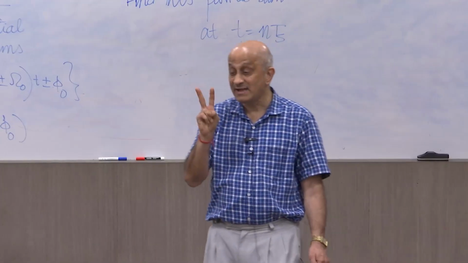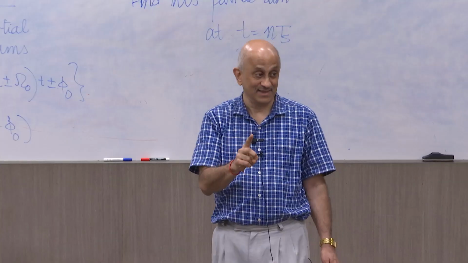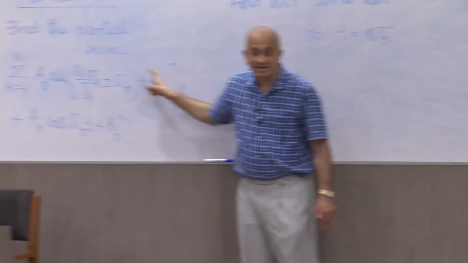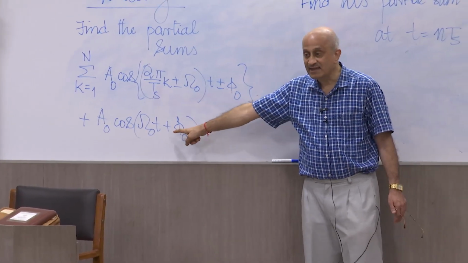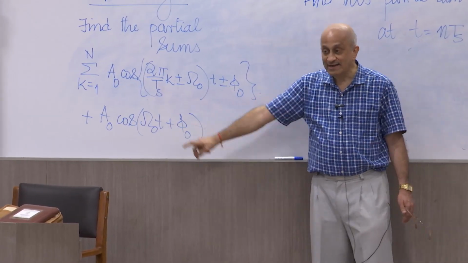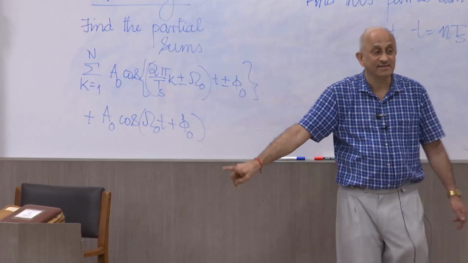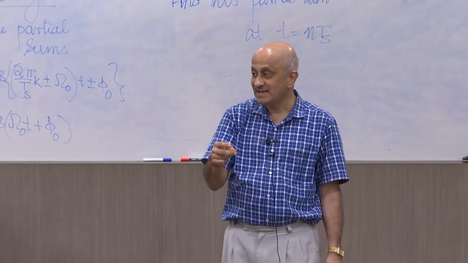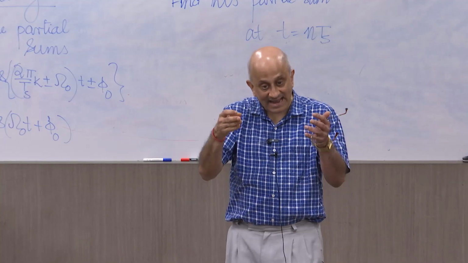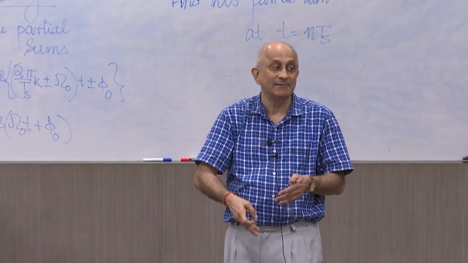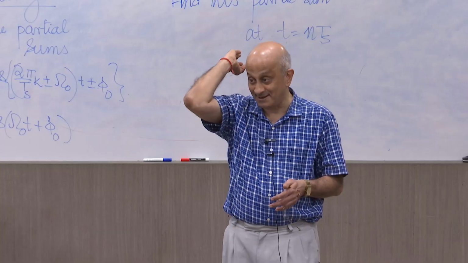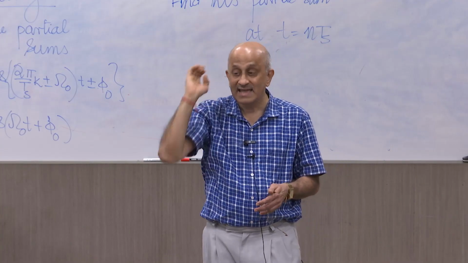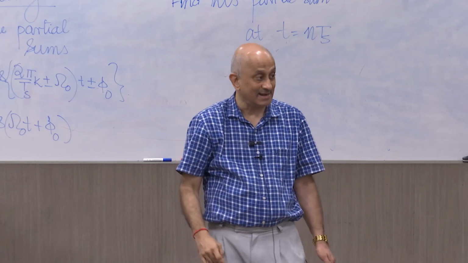In all I'm taking 2n. So 2n times that sample comes from here, and 1 times that sample comes from here. So what happens when I calculate these partial sums at the points of sampling? The value at the points of sampling gets multiplied by 2n plus 1.